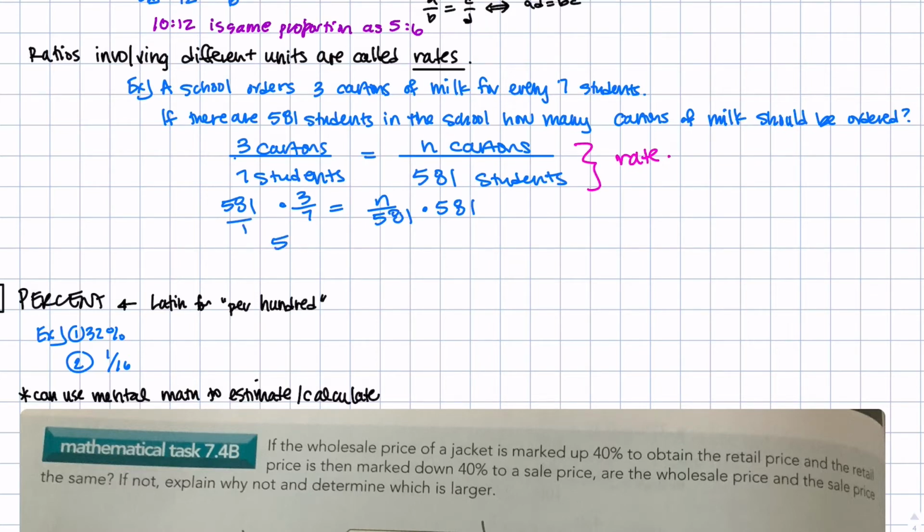So I'm going to multiply 581 times 3 over 7. And I know on the right-hand side, I have 581 divided by 581. That's just 1. This is where inverses are really handy. And simplifying this fraction, this 581 times 3 over 7 all together, I get 249. And since n represented the number of cartons of milk, it's 249 cartons that we would need.